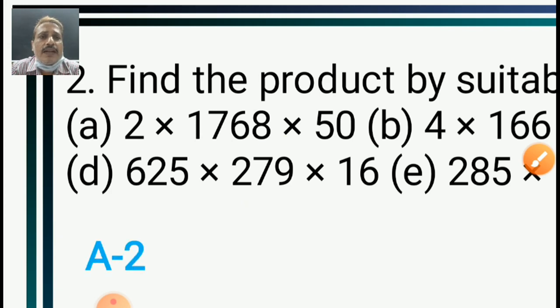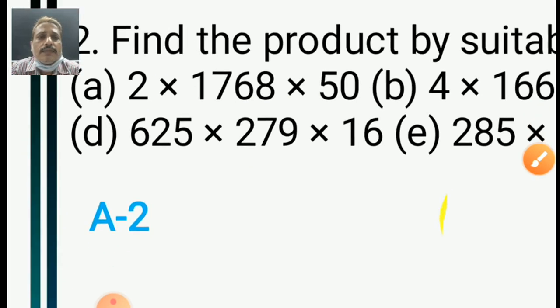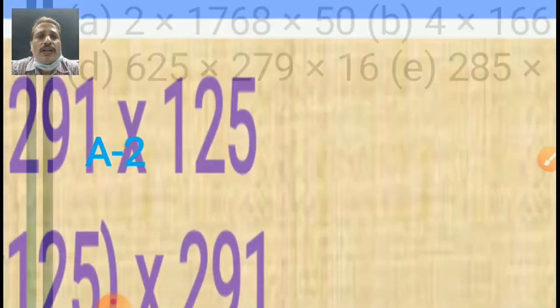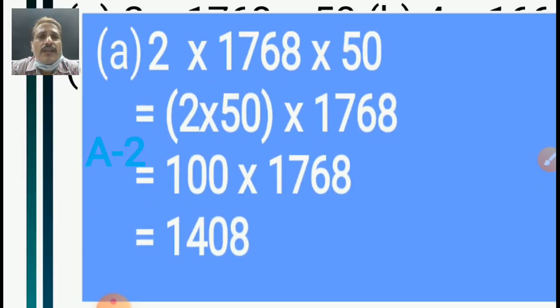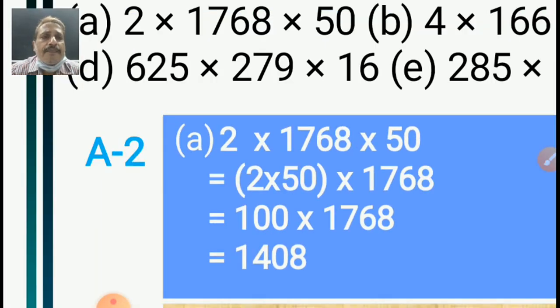See, the answer to number 1 is here. Let's check. Make the group of 2 and 50, and the third number is separate. Commutative, associative properties, you can use them. What is 2 into 50?